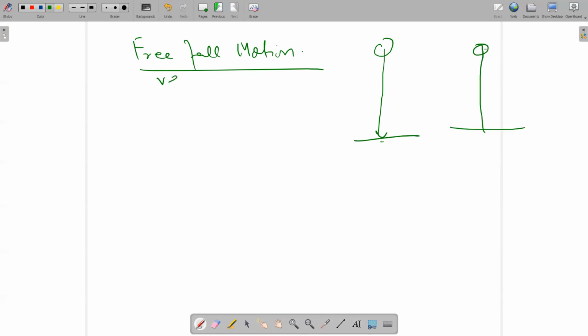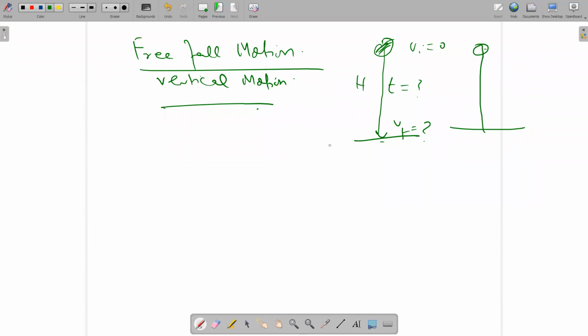This is vertical motion. So if you are dropping the body from here, remember the initial velocity is 0, and you can find the final velocity, how much time it will take to fall down, and what is the height or the distance. Okay.